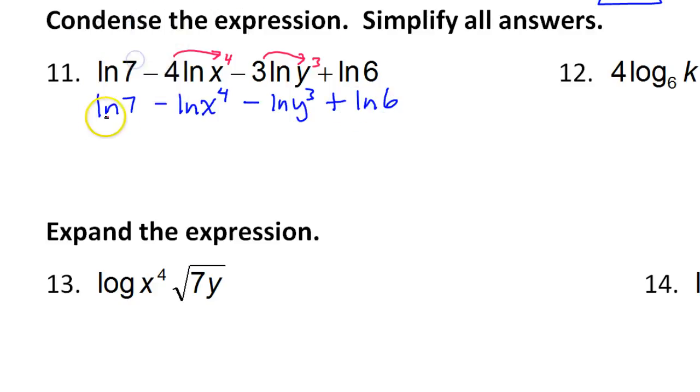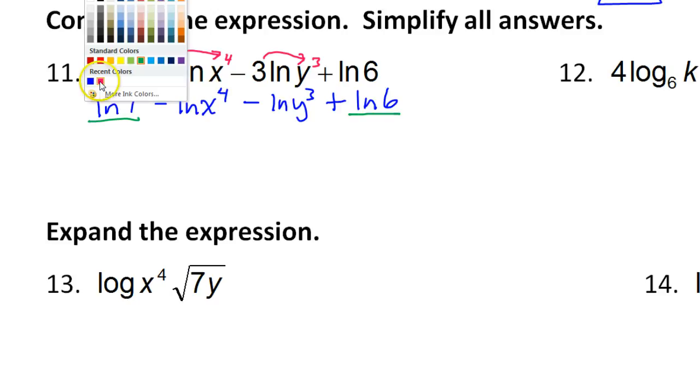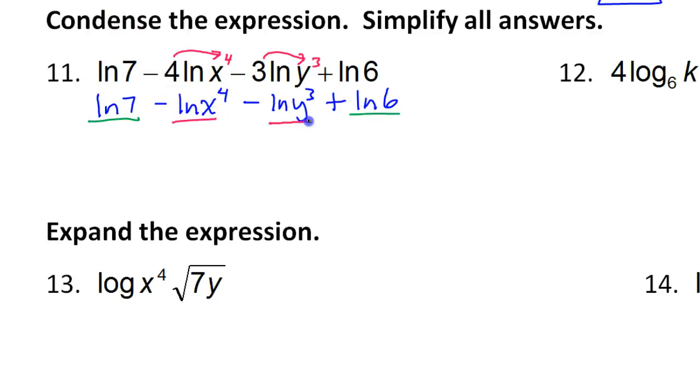Now, like I was saying, numerator, numerator, denominator, denominator. Positive, positive, negative, negative. So that means this will condense to natural log of, in the numerator, I've got 7 times 6.